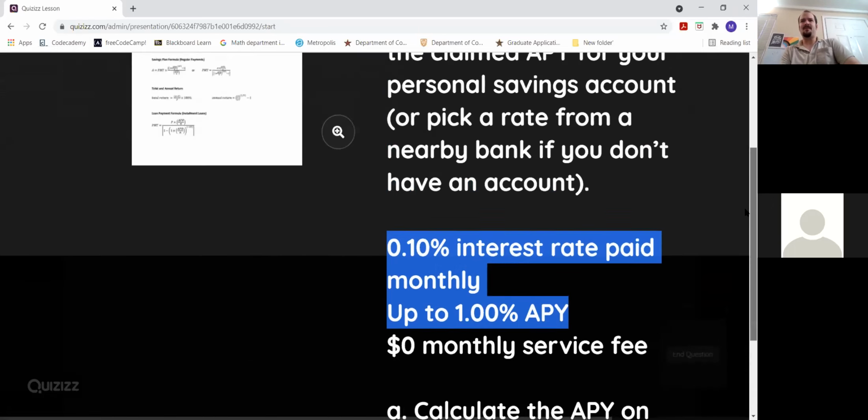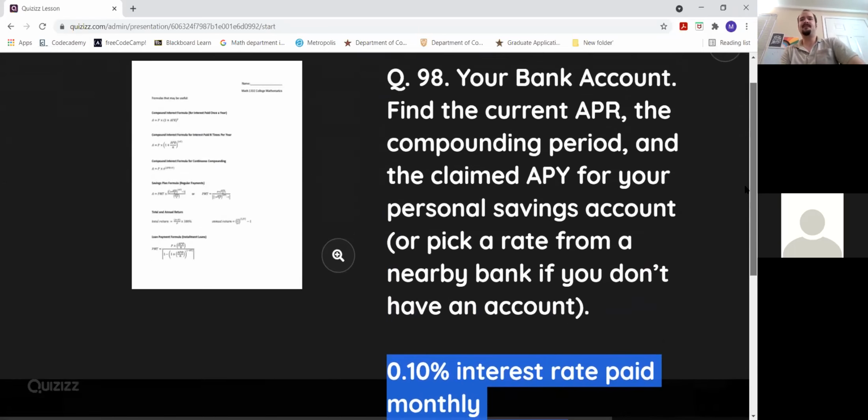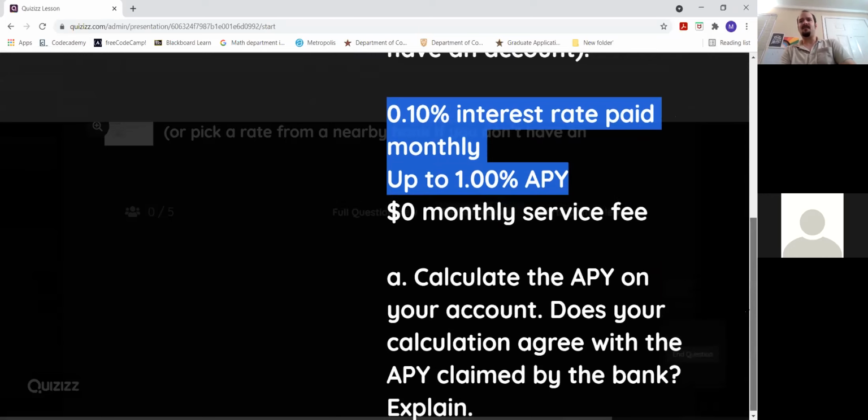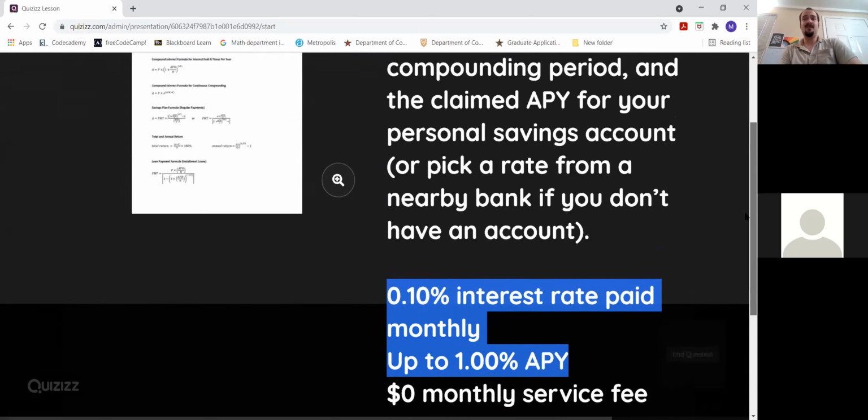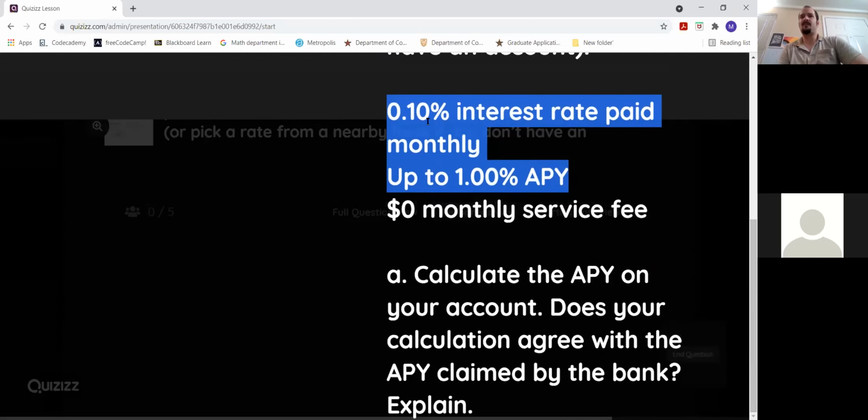So this one, they wanted you to go look up your own bank account, but I wanted us all to be kind of on the same page. If I really wanted to find it, I could go find the APR and the APY of each of their accounts. But it was definitely buried in there a little bit more than this thing.